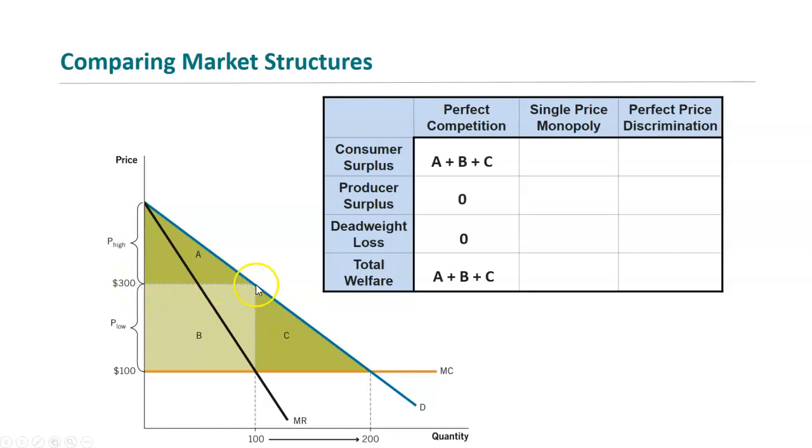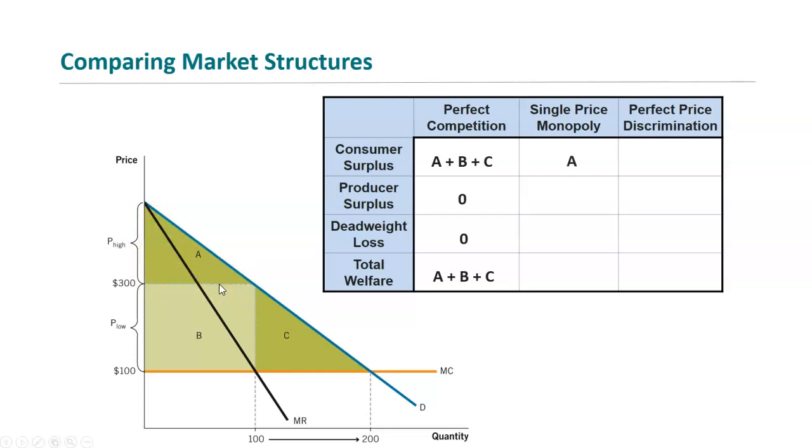And so if that is the case in a single price monopoly where we're selling a quantity of 100 and we're charging a price of 300, where is consumer surplus? Consumer surplus in that case is the space between the price and the demand curve. So it's just triangle A, right?